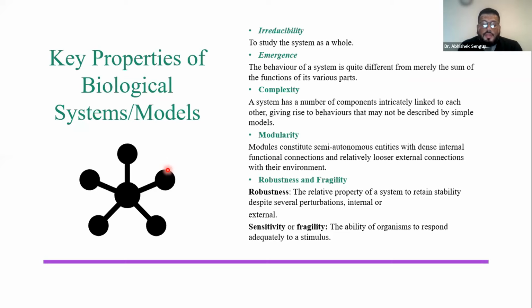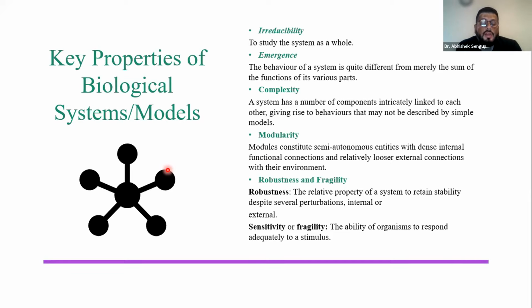Irreducibility is the first property, where we may undoubtedly gain significant insight into each of the components of the system by studying them individually, but we need to study the system as a whole in order to gain a holistic perspective of what these components do when they are all put together in an appropriate manner.